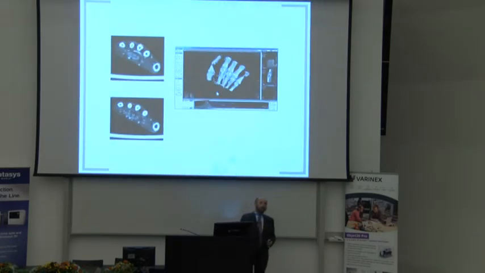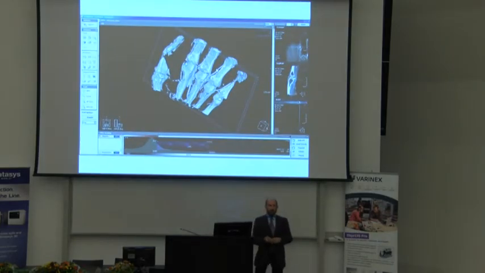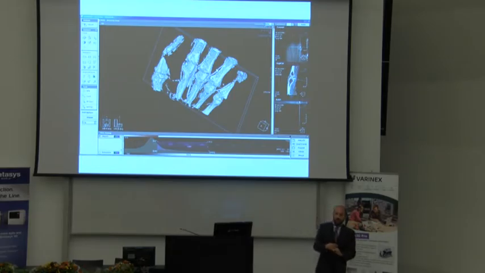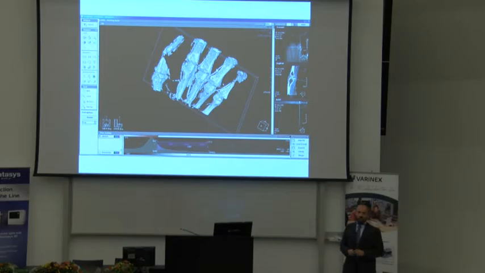Of course, because we are in a medical university, we also tried this method on medical research. So in rheumatoid arthritis, the question was how you can reconstruct and show the different arteries which are supplying the metacarpophalangeal joints. And that was the result we could make with a cone beam CT.